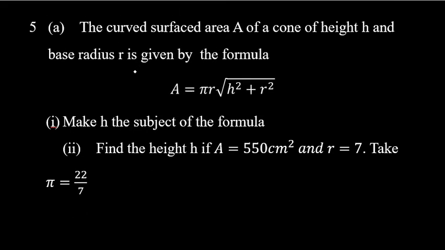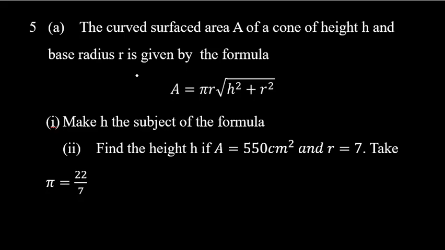Hi. For question 5, the curved surface area A of a cone of height h and base radius r is given by the formula A is equal to pi r square root of h squared plus r squared.